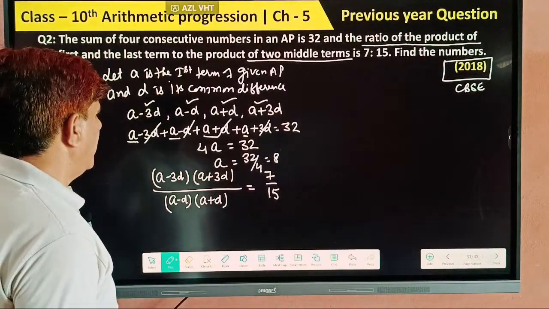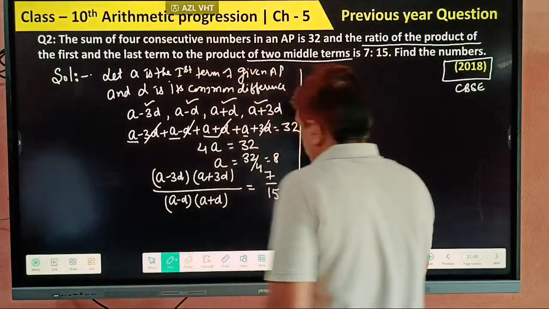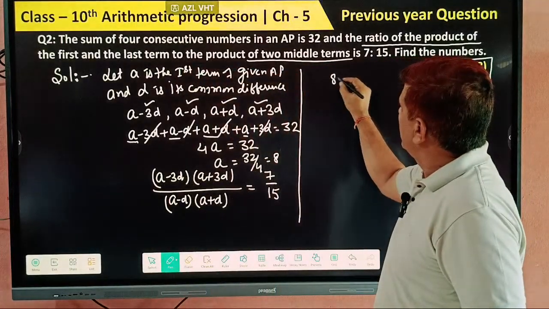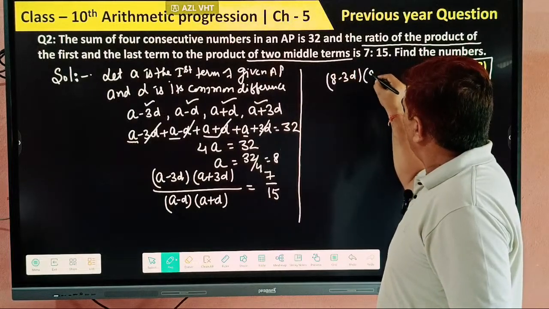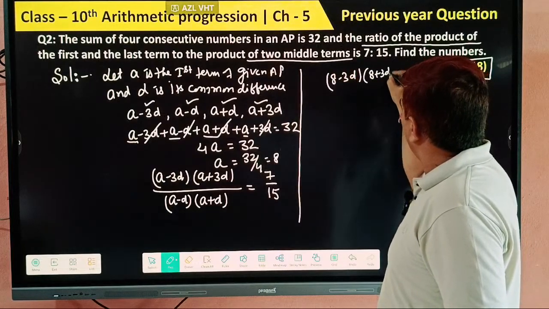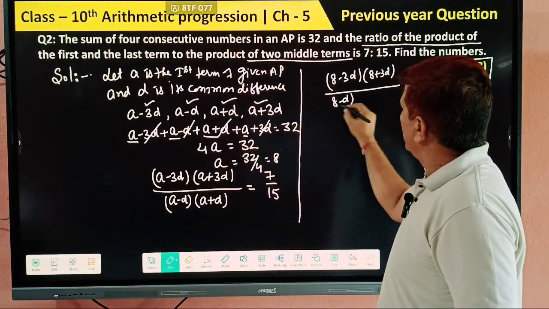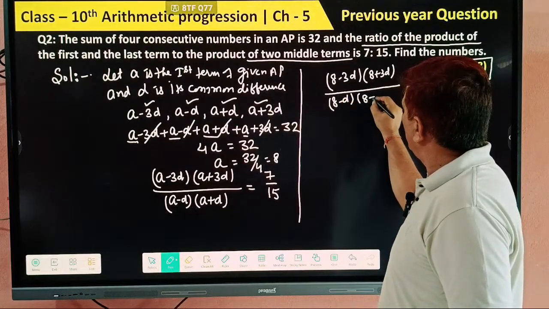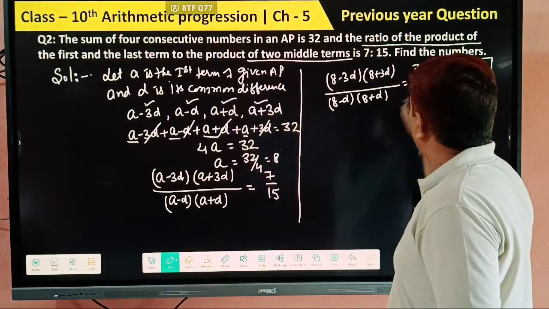So what's your A? A equals 8. So we can write 8 minus 3D into 8 plus 3D, by 8 minus D into 8 plus D, is equal to 7 by 15.